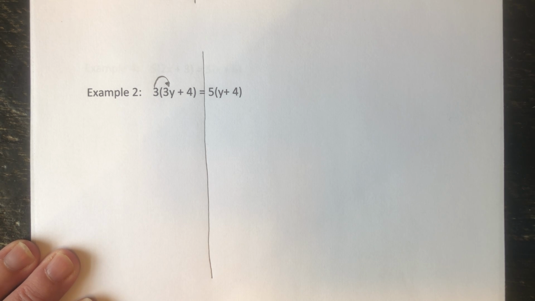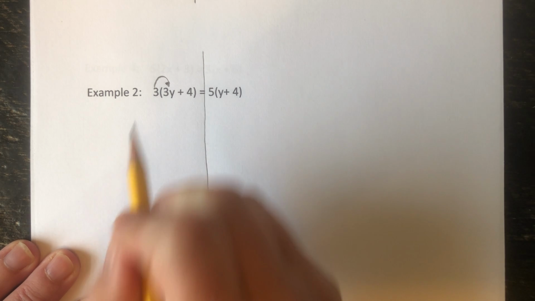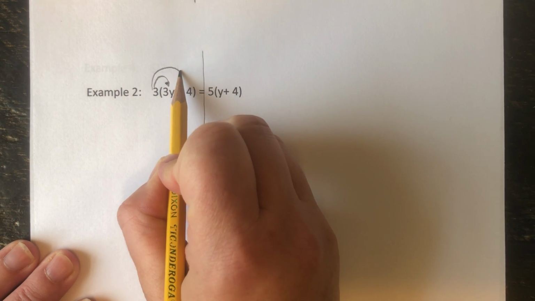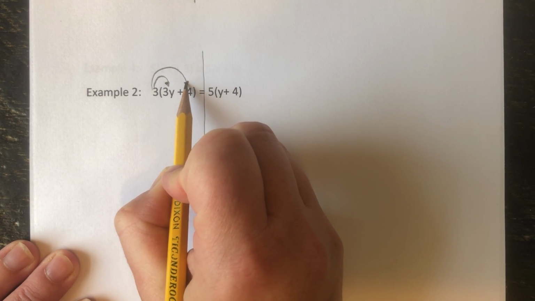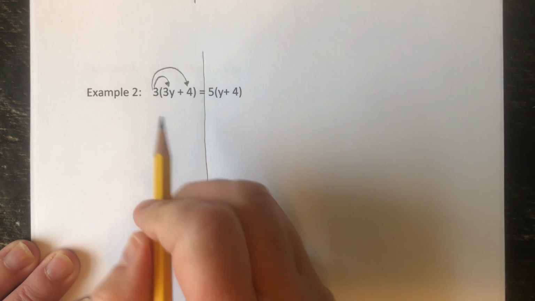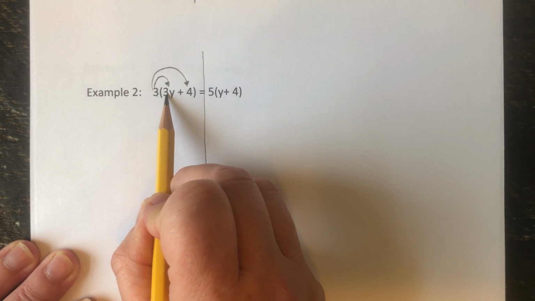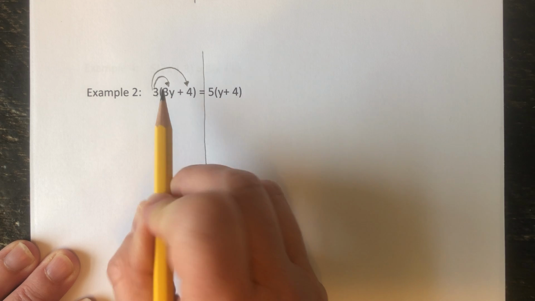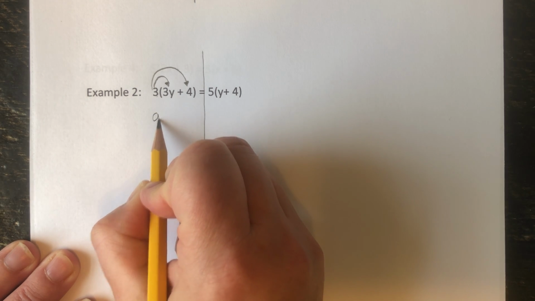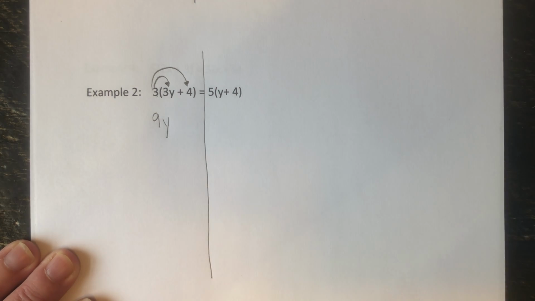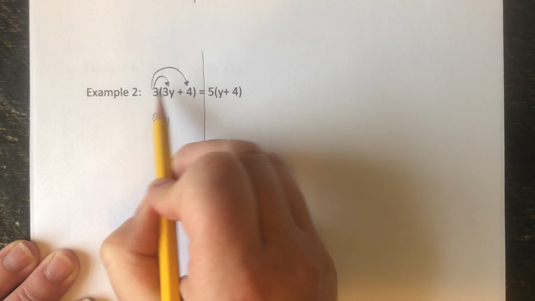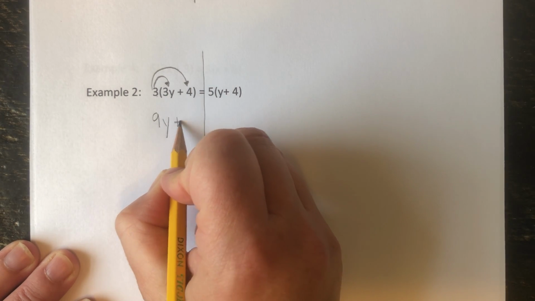But notice I have 3 times 3y. We'll get back to that in a second. And I have to multiply 3 times 4. So 3 times 3y would be 3 times 3 is 9, so it would be 9y. So just be careful there. 3 times 4 would give me plus 12.